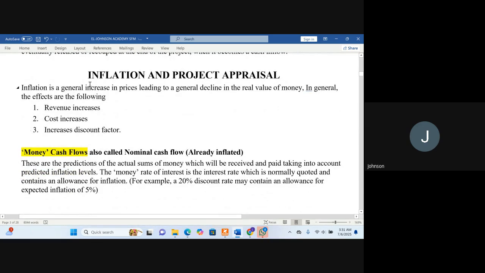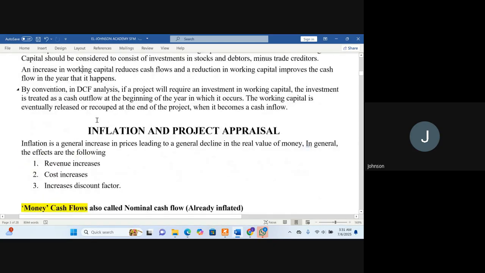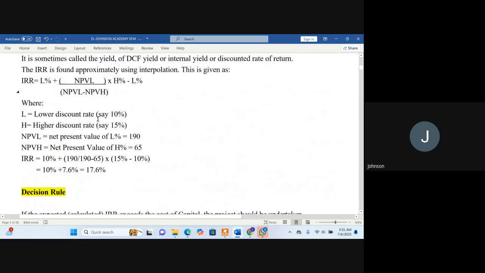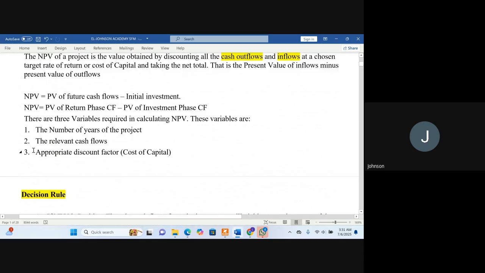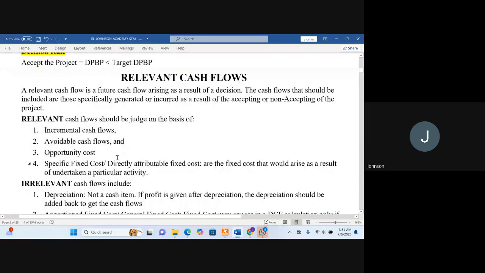Now let's look at inflation and project appraisal. Inflation is also something that you should take note of. When we are talking about inflation, we are now going to talk about the appropriate discount factor. There are some discount factors that the examiner will give you to do your calculation.